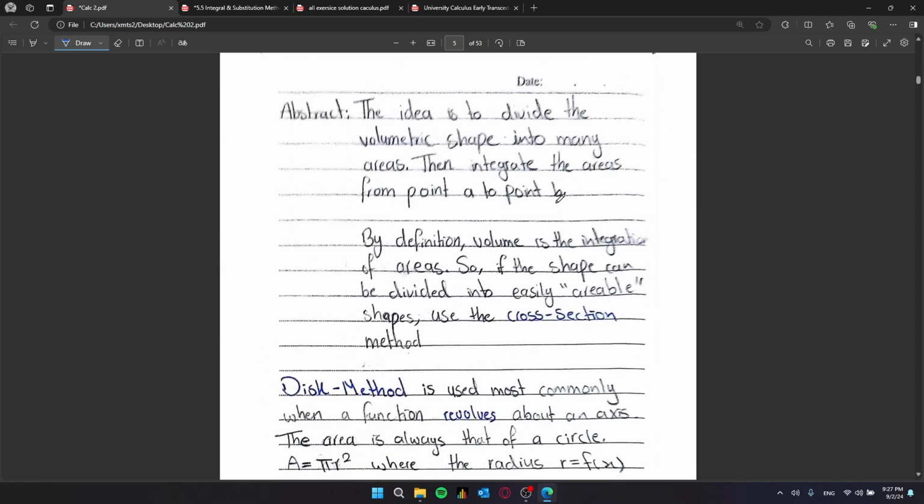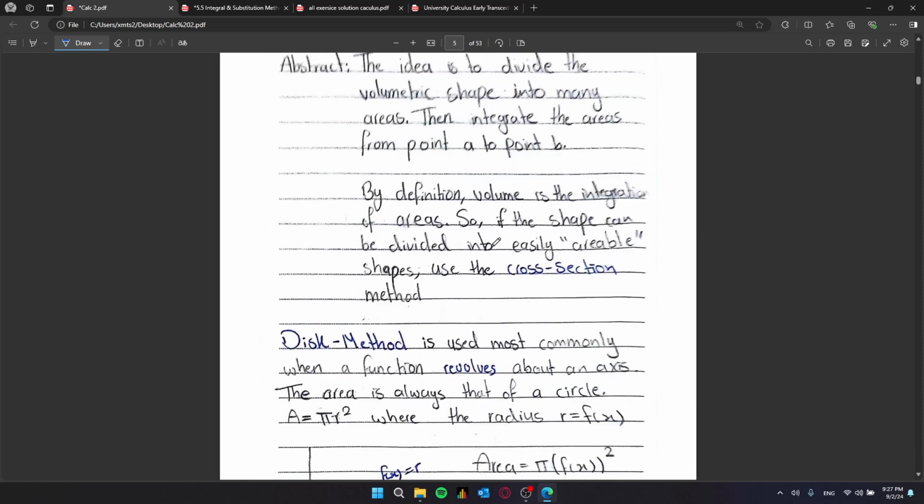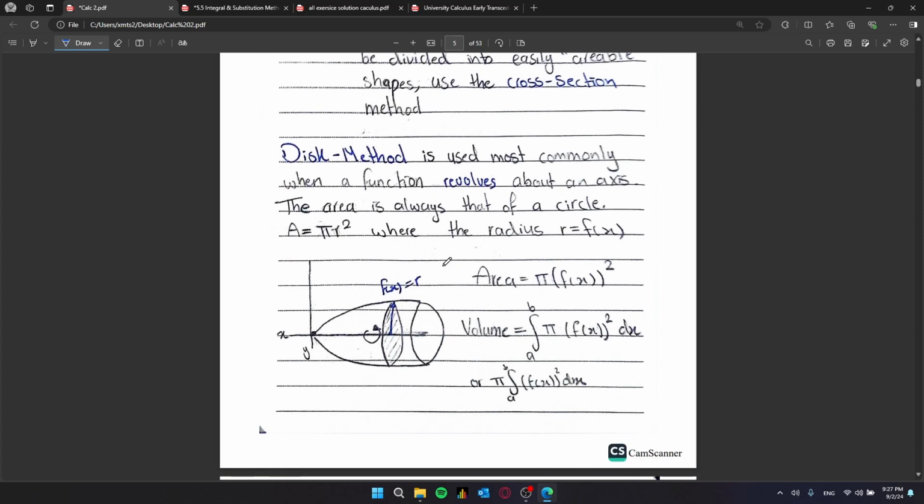Now, disk method. Disk method is when you have a function. It does not matter what the shape of the function is. You can have any function like this. You can have a function be like this. As long as it revolves around an axis, it can also be done like this. It doesn't have to be about the x-axis.